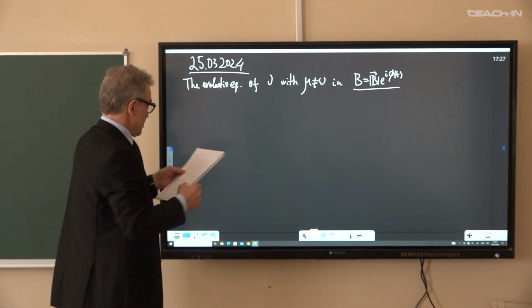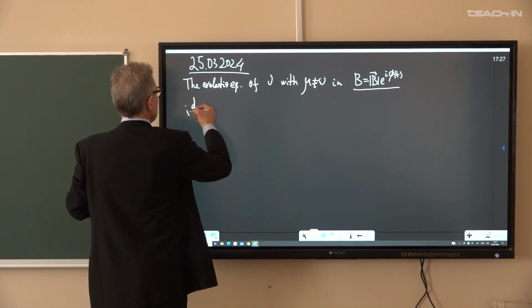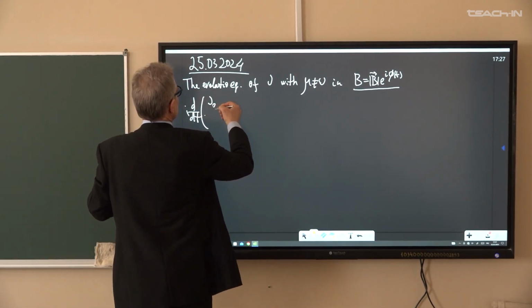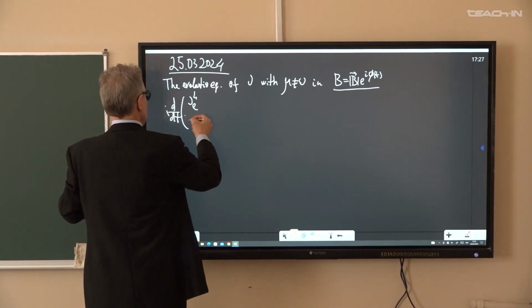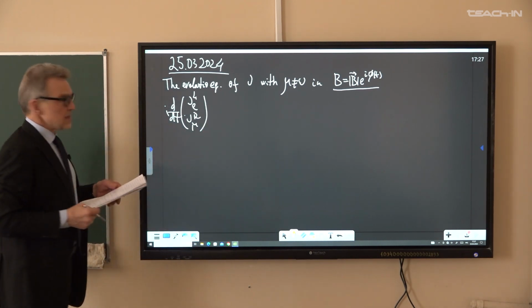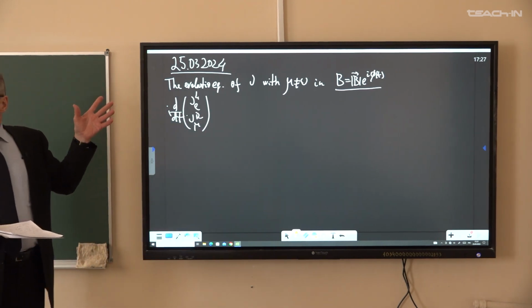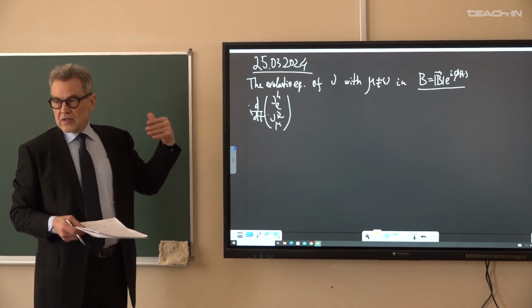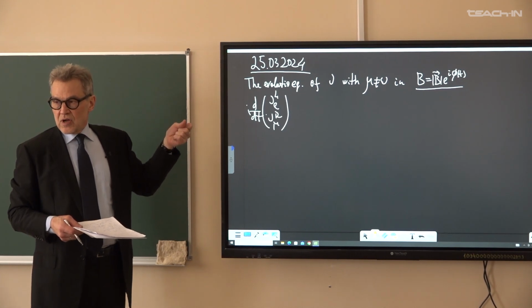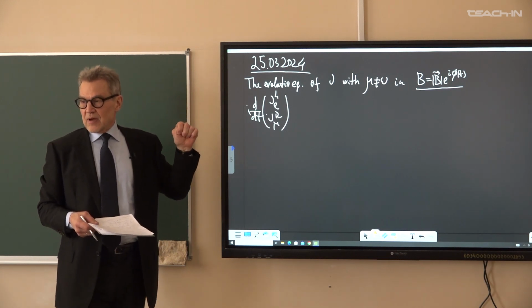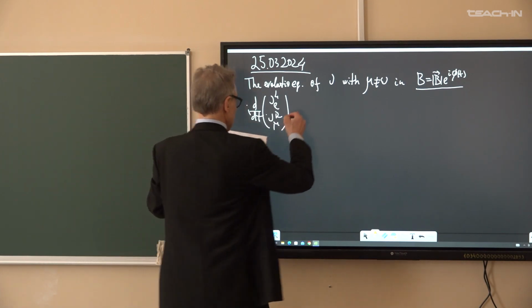So i d over dt. We consider two possibilities: neutrino electron flavor left to neutrino muon flavor right. So this is mixing and oscillations of flavor neutrinos with different spin orientations. We consider relativistic neutrinos, and we are dealing with the chiral or helicity states. It's more or less the same for this particular case.